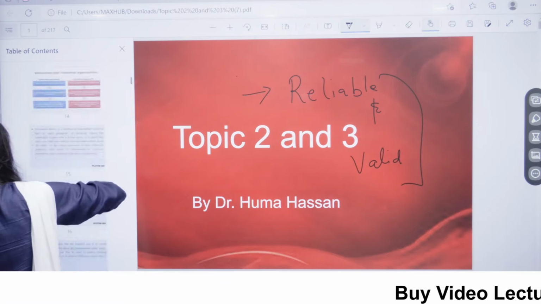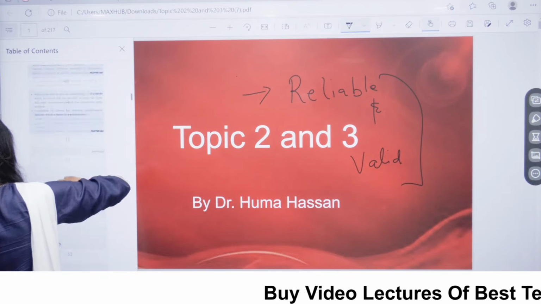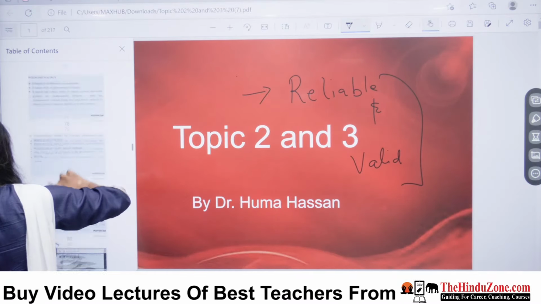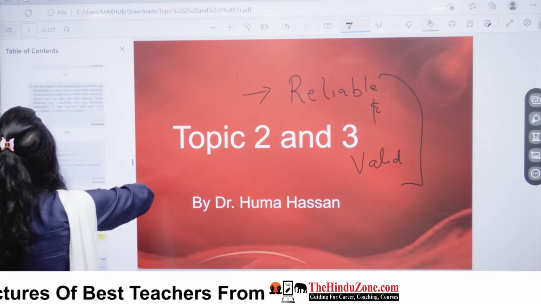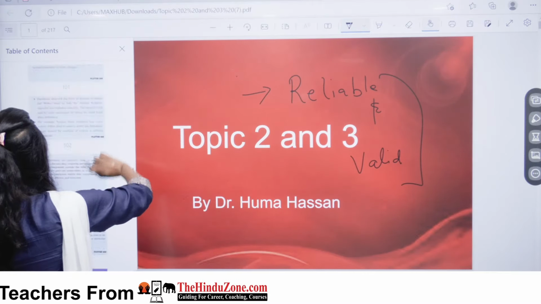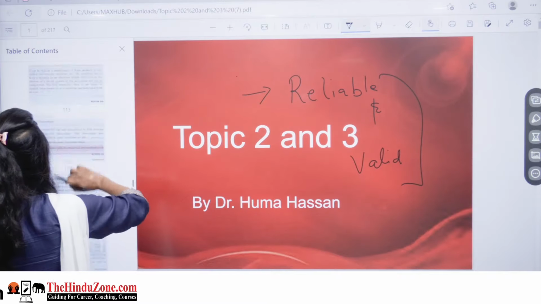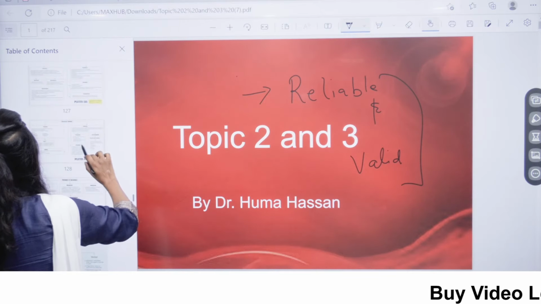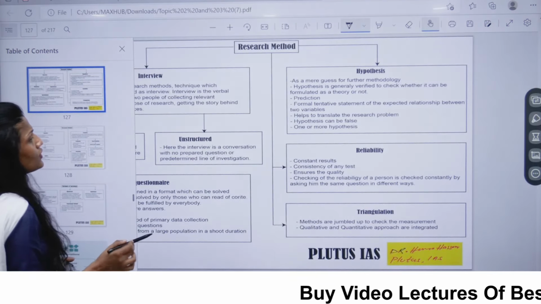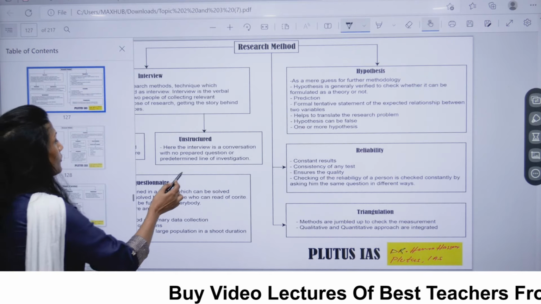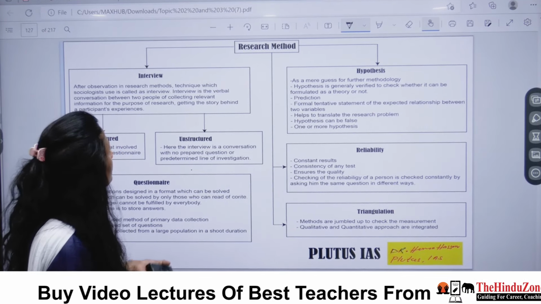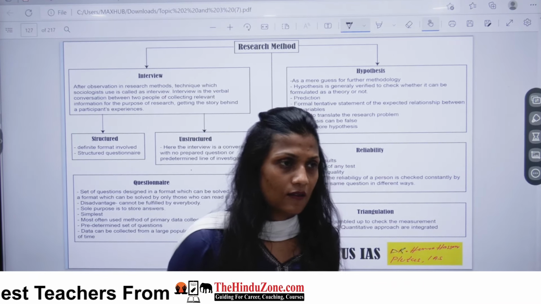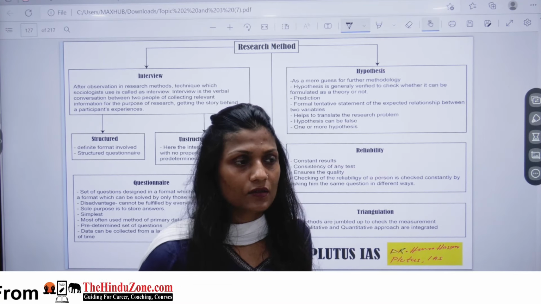Let me give a quick summary of this topic so that we can understand it completely. This is what I wanted to focus on. So there are different techniques we have got and discussed in previous class.